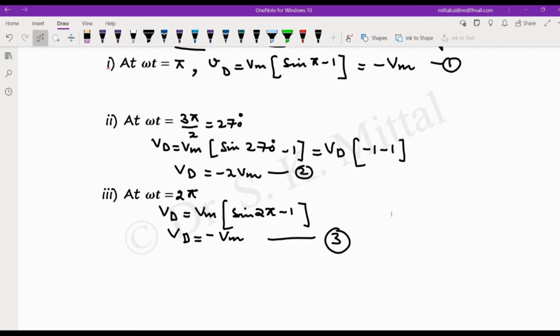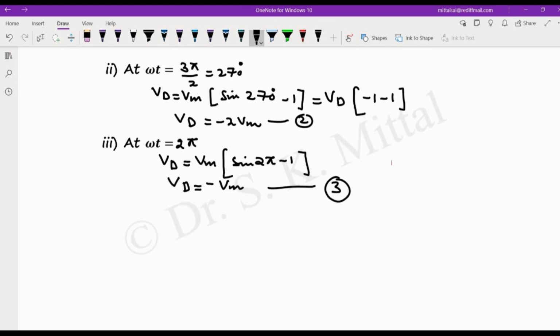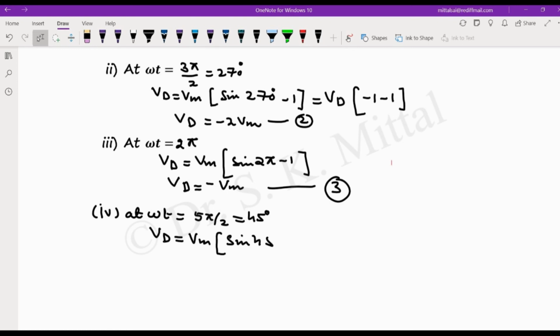Now again, to obtain the exact curve, we can consider the next point at omega t is equal to 5 pi by 2, means at 450 degree. What is the value? Vd is equal to Vm sine 450 minus 1, and the value will come is equal to 0.